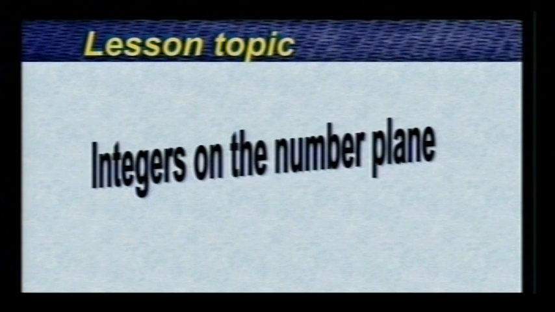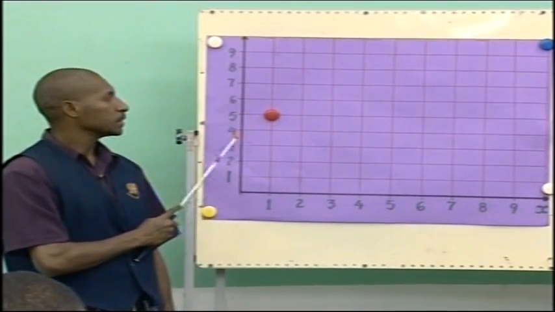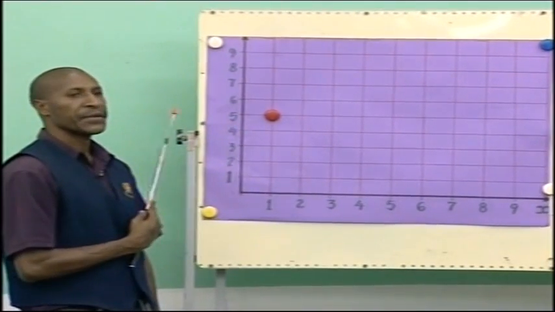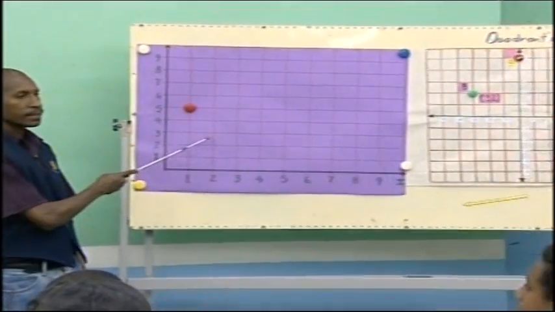Now, receiving students and Sevenis, we will go into our today's lesson. Our today's lesson topic is integers on the number plane. Now, once again, receiving students, I'd like to have your attention on the whiteboard. On the whiteboard, we have two different number planes, okay?